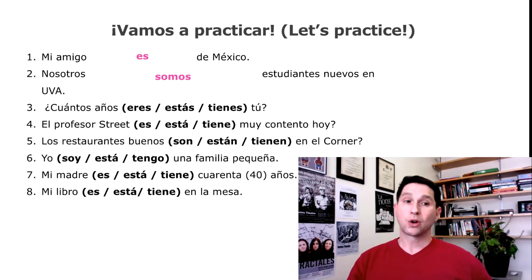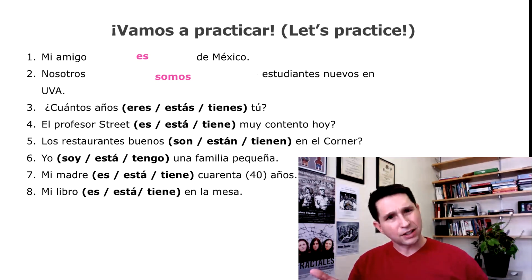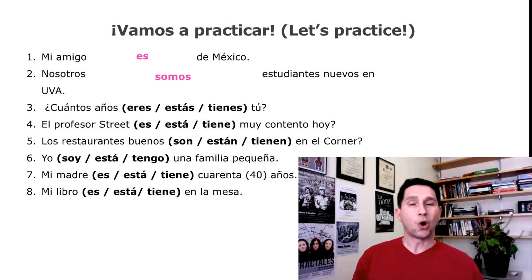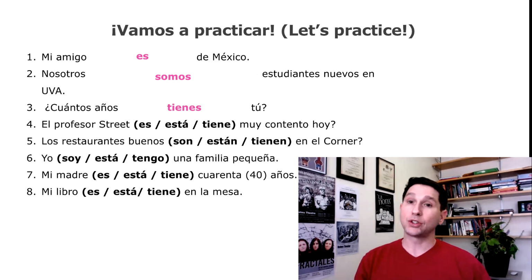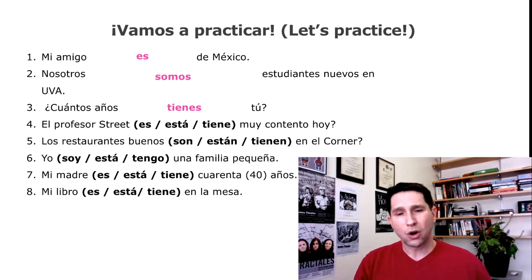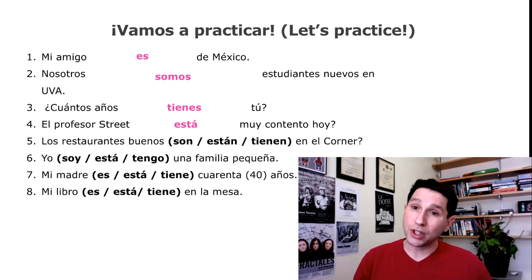Número 3. ¿Cuántos años eres, estás o tienes tú? Sí, tienes. ¿Cuántos años tienes tú? Número 4. El profesor Street es, está o tiene muy contento hoy. Muy bien, el profesor Street está muy contento hoy.